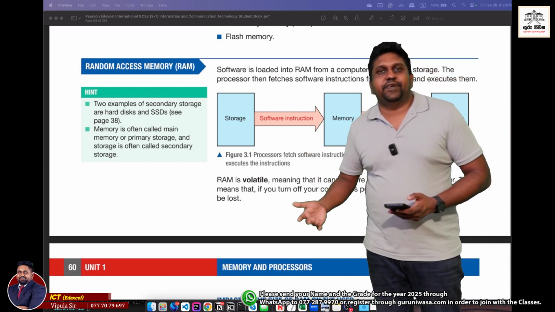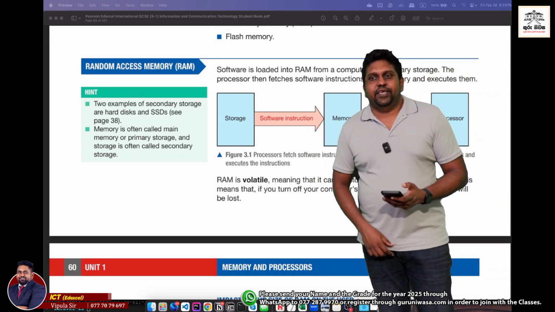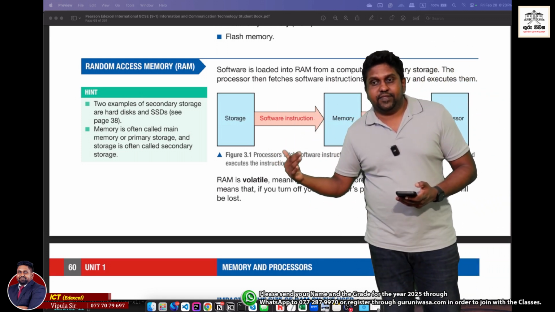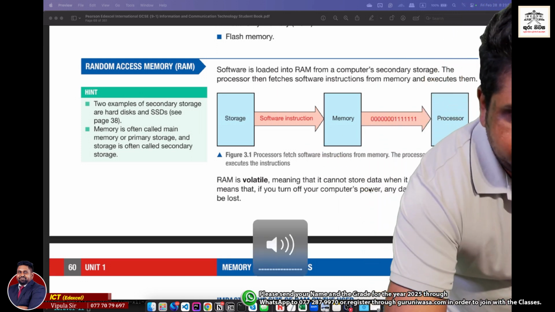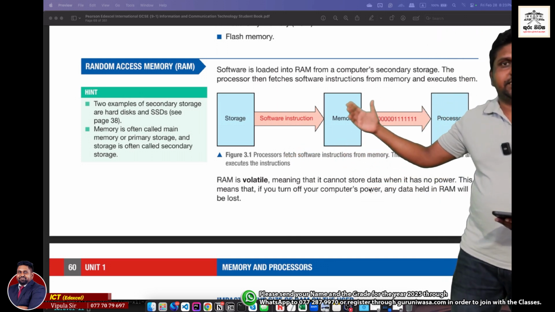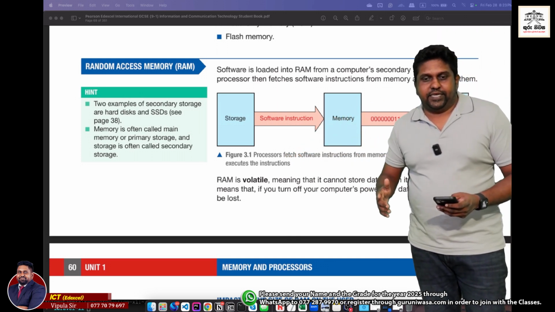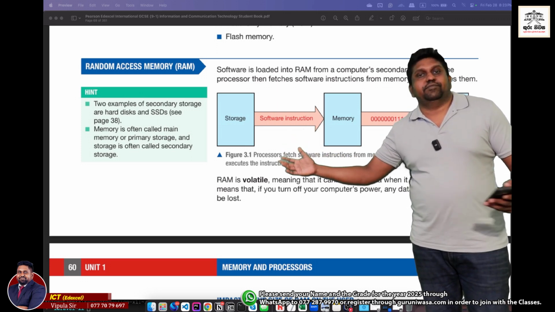Different types of software do this process in multiple different ways. How it primarily works, for example, let's say you're playing a video.